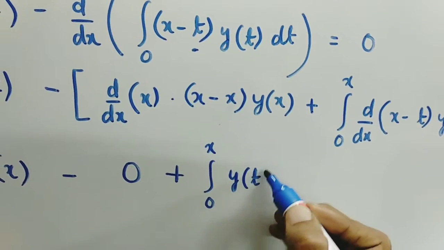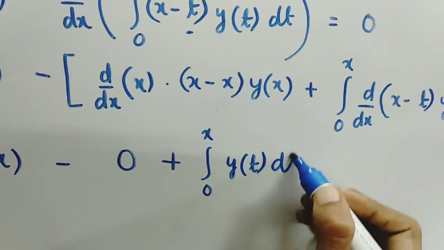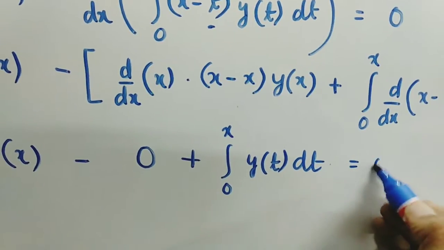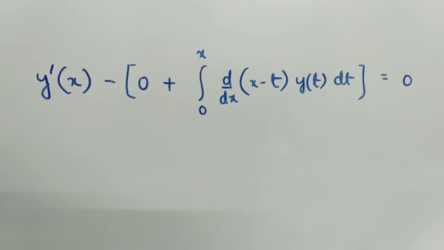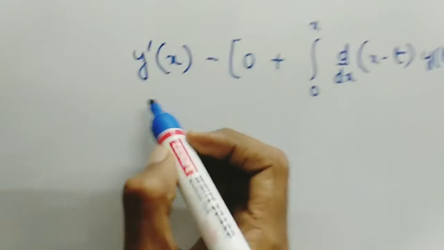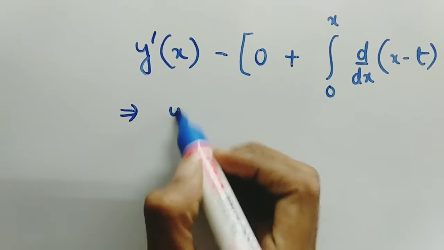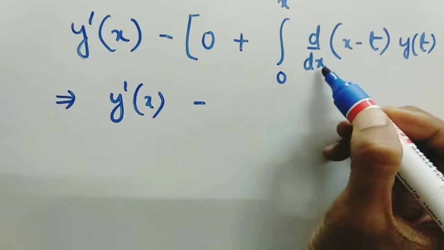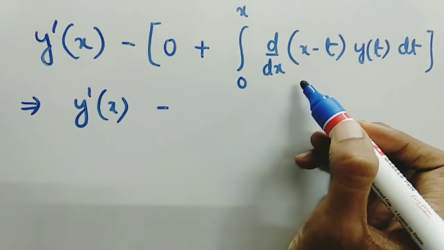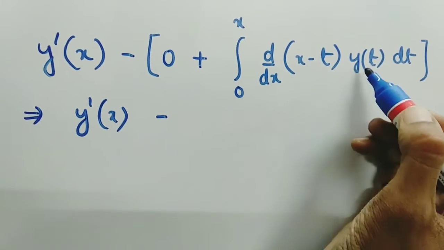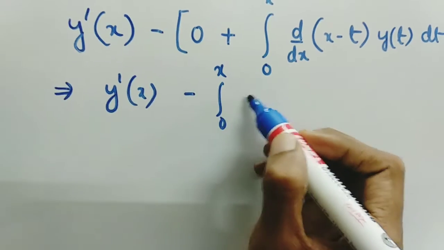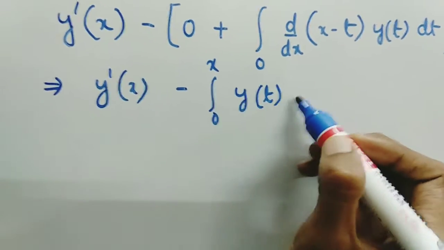So y(t) dt ये ब्रैकेट के अंदर है and that equals to 0. Okay, so इसको ब्रैकेट लगाएंगे, this minus 0 plus the previous terms. So इसको ब्रैकेट के बाहर लाएंगे तो क्या होगा, this is 1 as it is, which we have done in the previous step. So it is y dash x minus 0 to x y(t) dt, okay, equals to 0.